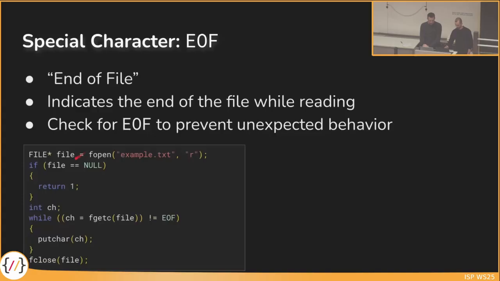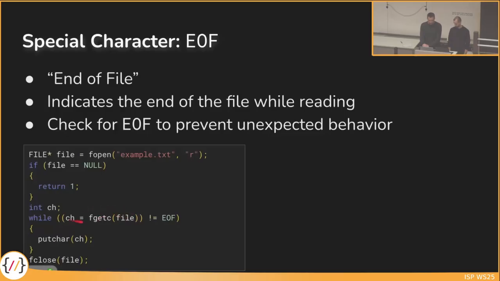And afterwards, we check for null, so whether this opening of the file worked. If it worked, then we do the following. We have here a while loop where we say c, short version for character, is fgetc, and we pass our file pointer into fgetc.